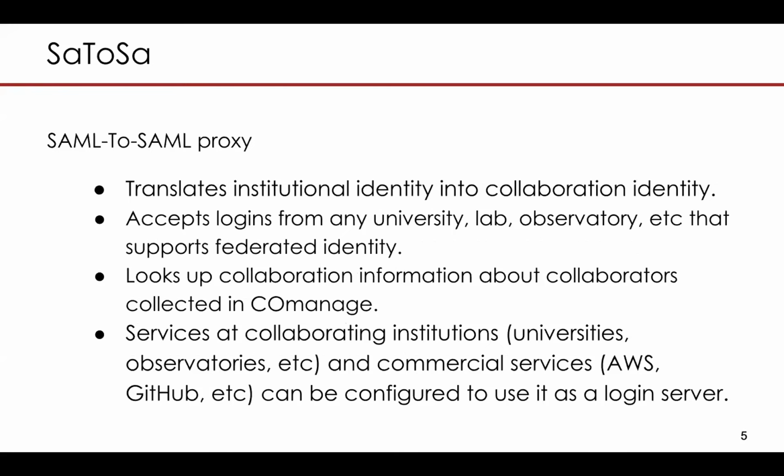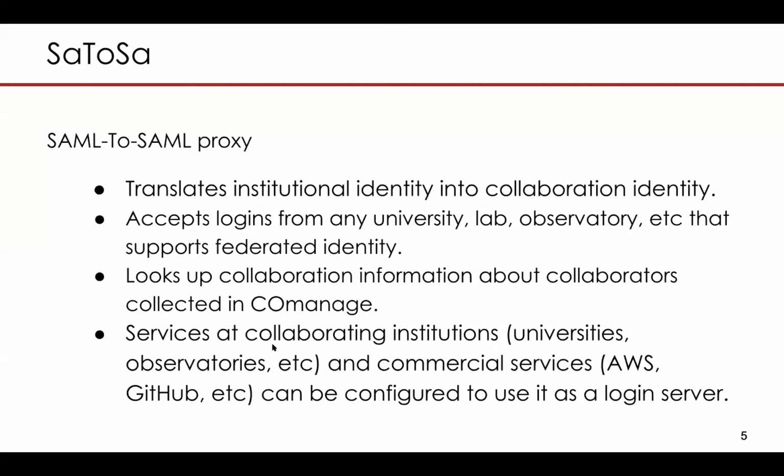The nice thing about SATOSA is that when you log into SATOSA with your institutional identity, your Cornell or UWM identity, it translates it into a collaboration identity so that services down the road that contact it see who you are to the collaboration. So this is how that translation between institutional identity and collaboration identity happens.